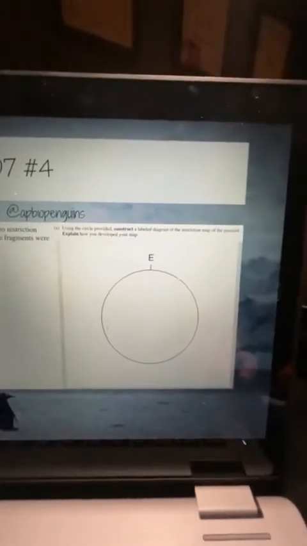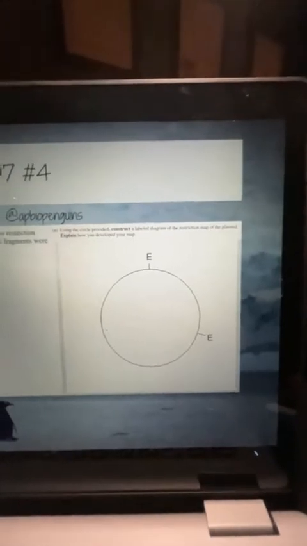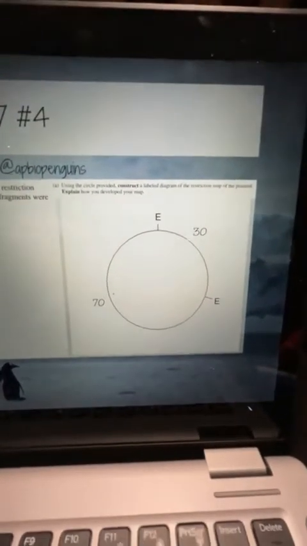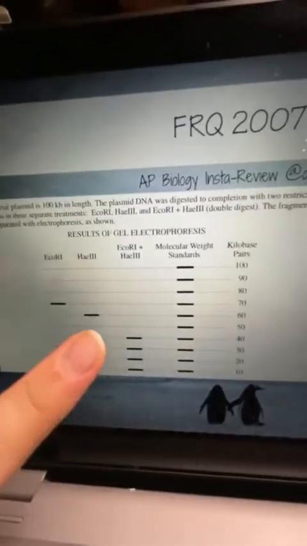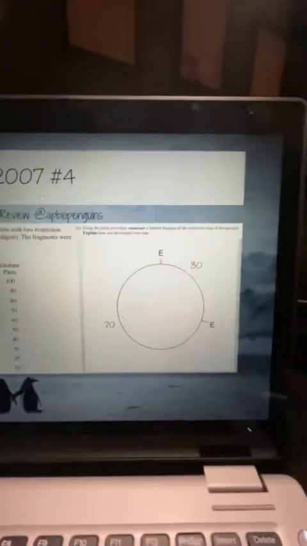So first thing we're going to see is that I always will just add 2 arbitrary lines, okay? It does not need to be to scale, so we'll put our 2 Ecos on there. Now, we know that Eco has a fragment that is 30 and a fragment that is 70, okay? So we then have to think to ourselves, if I have those fragments, what happens now? Well, I have a 40, a 30, a 20, and a 10 if I cut it 2 more times.